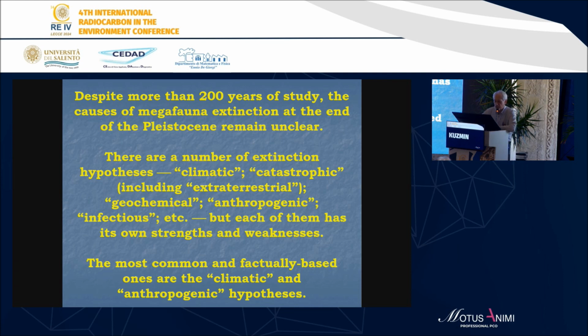Infections, diseases which killed the mammoths. But none of them reliably explains why they went extinct. Most probably, the most factually based are the climatic and anthropogenic hypotheses. Each has some problems and some advantages too.